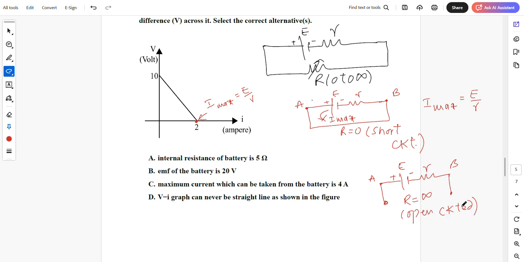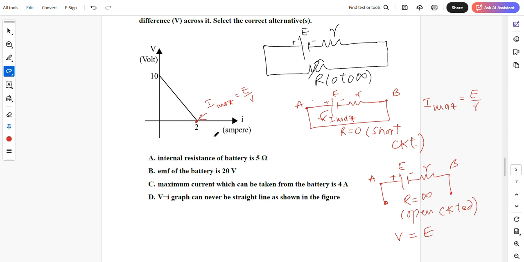This is open circuit, when R is equal to infinity. What happens to this value of E? Terminal voltage. What will be the terminal voltage between A and B? The voltage between A and B will be equal to E itself. V will be equal to EMF itself because no current flows here.